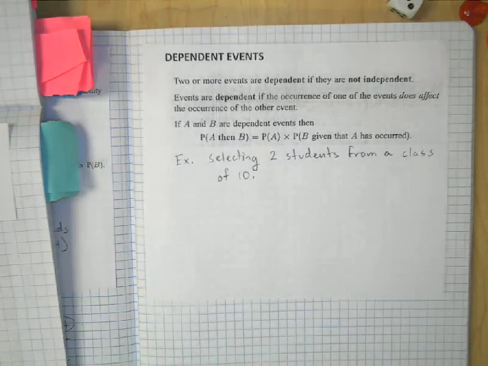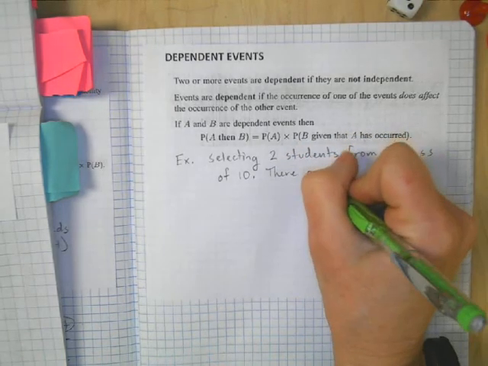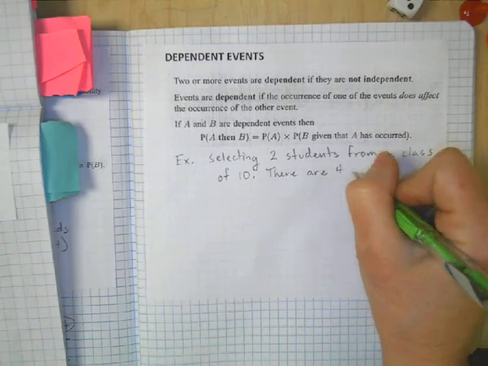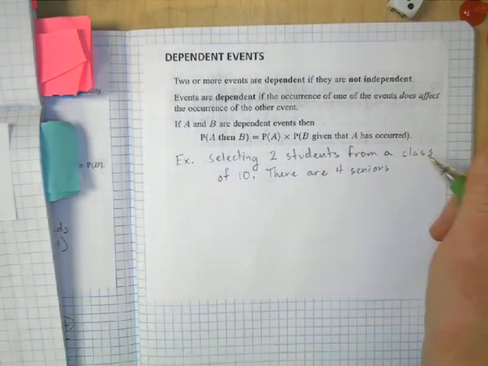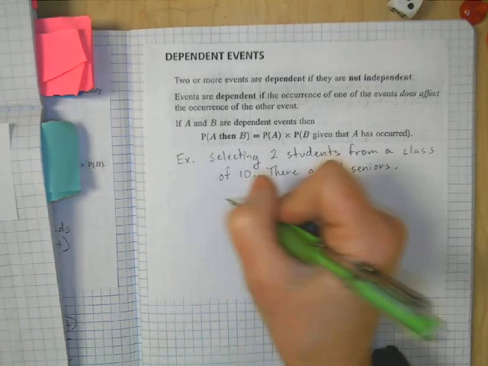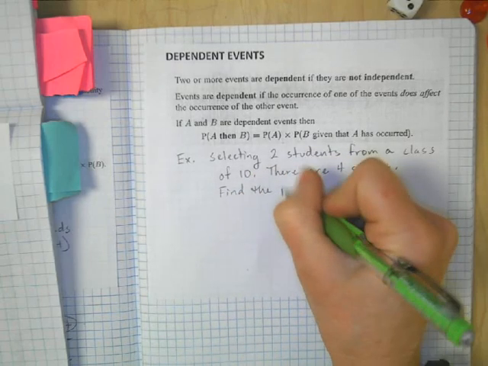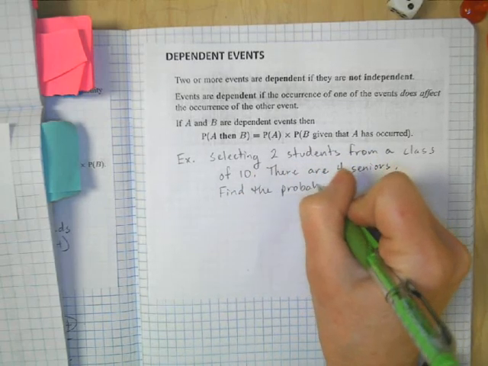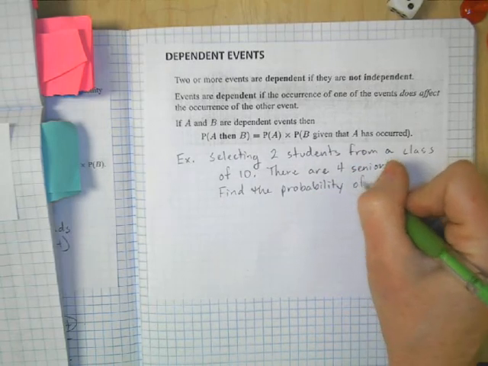In my class, there are 4 seniors. Find the probability of selecting 2 seniors.